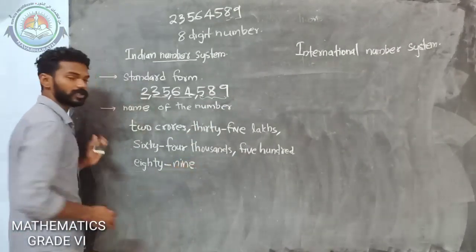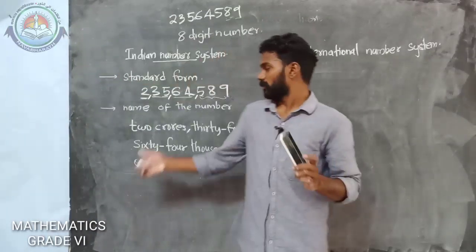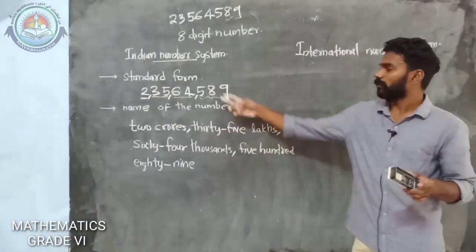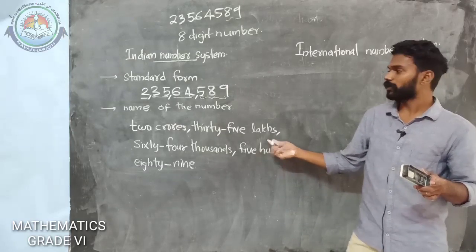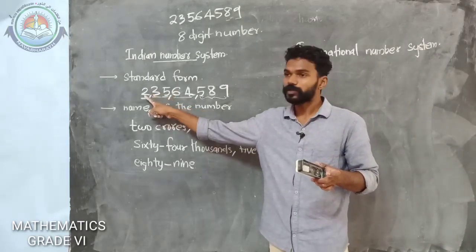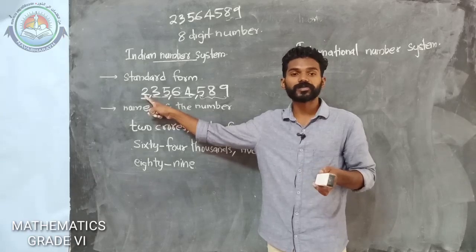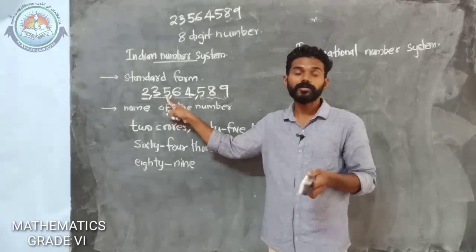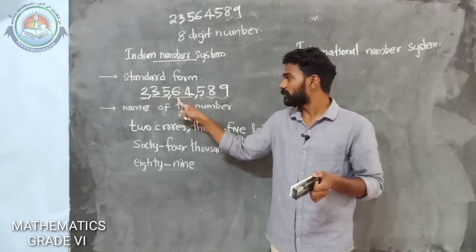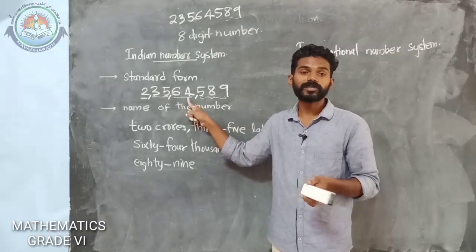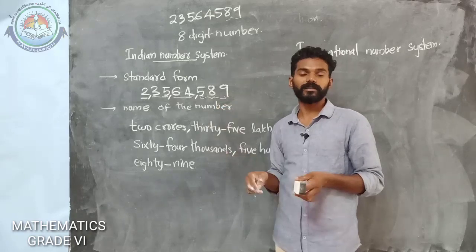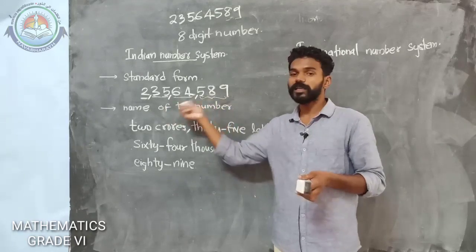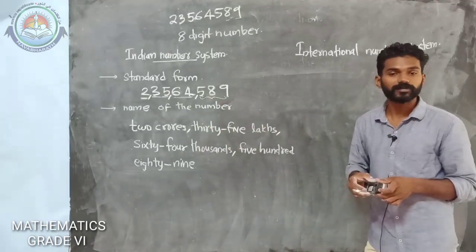So this would be the name of the given number in words. How can you read this? 2 crores, 35 lakhs, 64 thousands, 589. This is how the name of the number can be written.